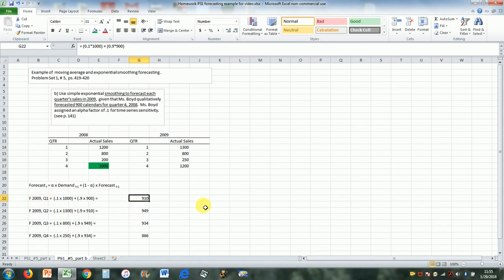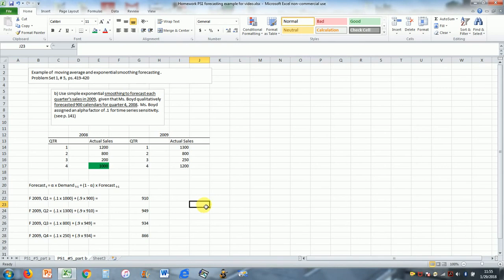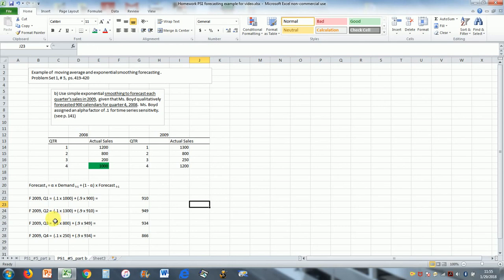Alright, calendars. Alright, well, we have 3 more to do. We use the same formula. For forecast 2009 quarter 2, we have to take the previous period's demand and multiply that by the alpha factor. Well, the previous period, of course, would be right here, correct? It would be quarter 1 of 2009.